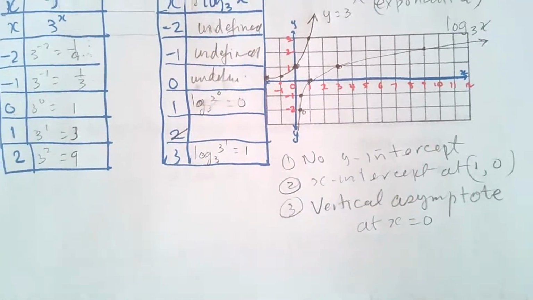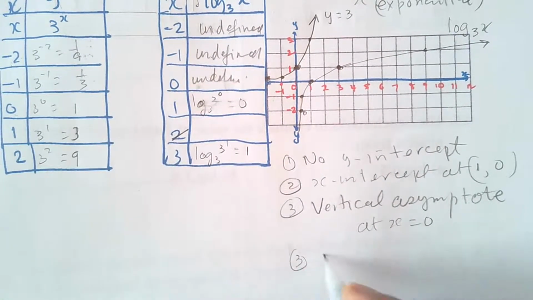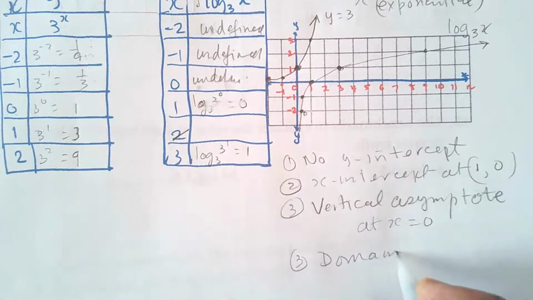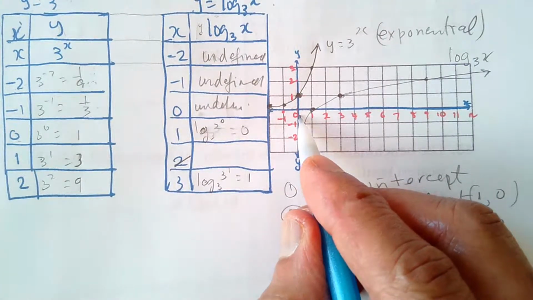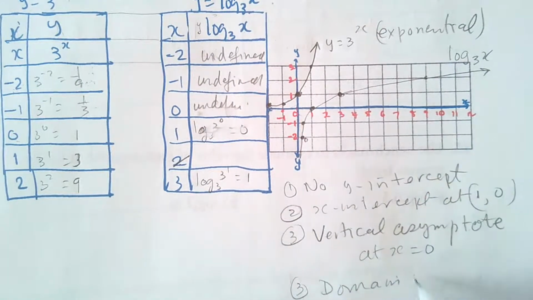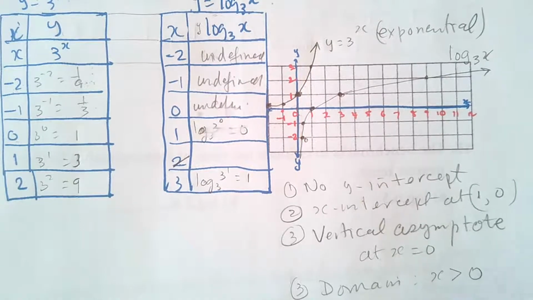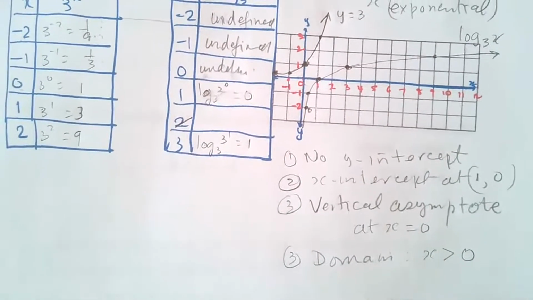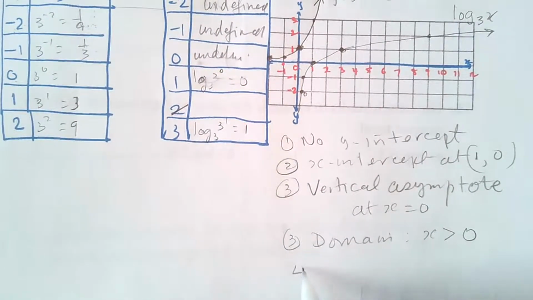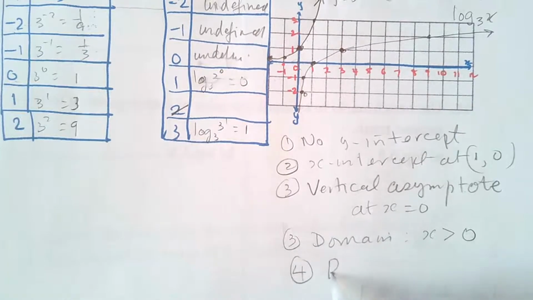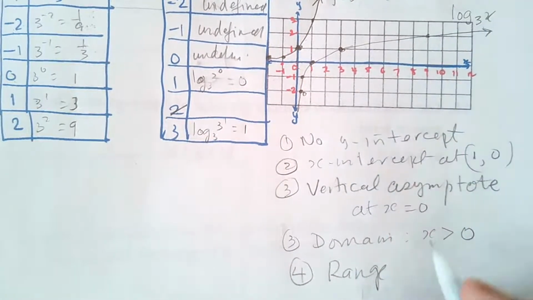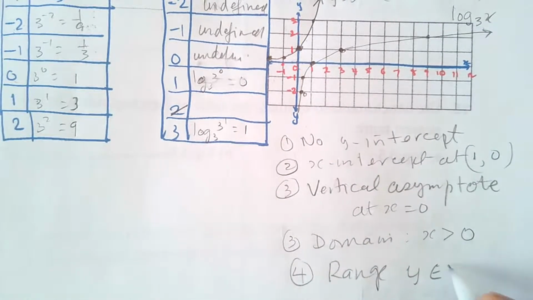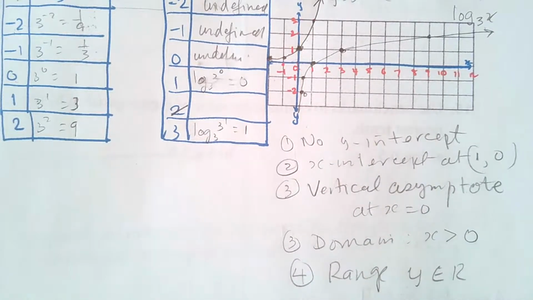Okay. The domain, our graph goes from 0, never touch it, is greater than 0 to infinity. So x is greater than 0. And finally, our range, there's no limit from -infinity to infinity. We say y is the set of real numbers.